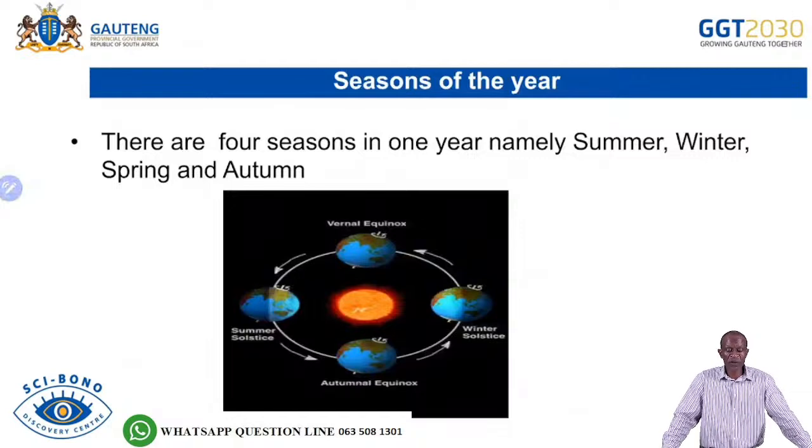So the 4 seasons of the year, you'd have summer, winter, spring, and autumn. Now, the diagram clearly shows the rotation of the Earth, and you'd have the summer and autumn solstice and equinox.